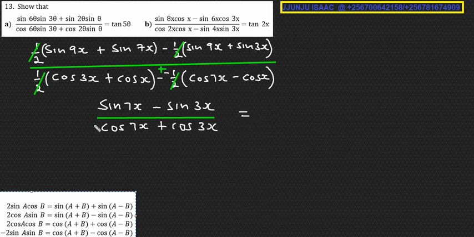So now this takes us back to the factor formula. When you have a sine minus a sine, we shall get 2 cos, add and divide by 2. So when we add and divide by 2, we shall get 5x.